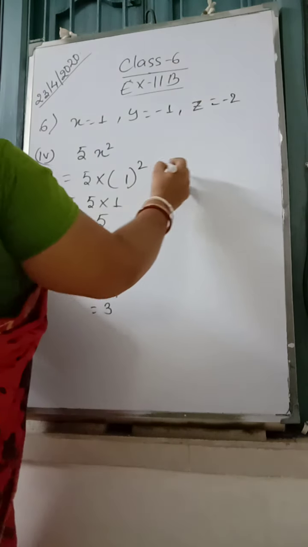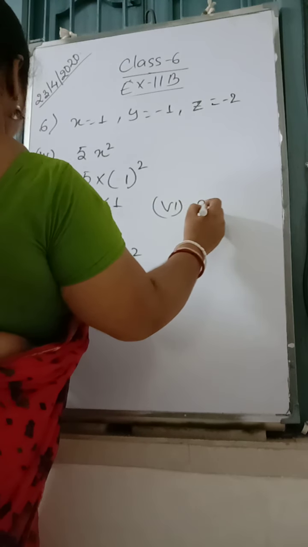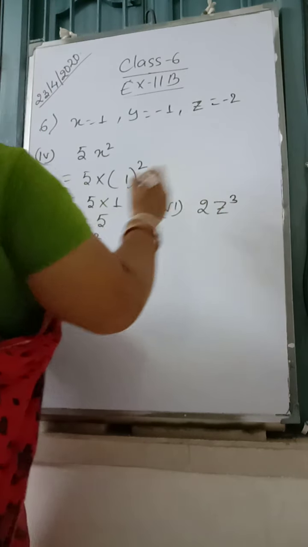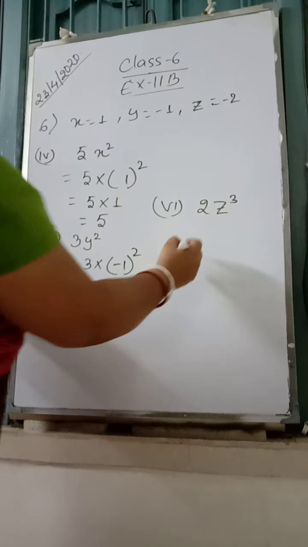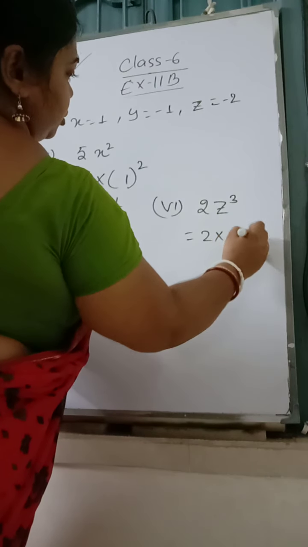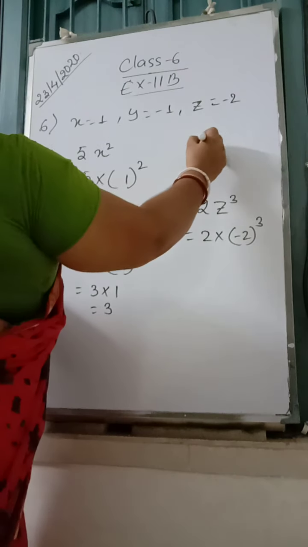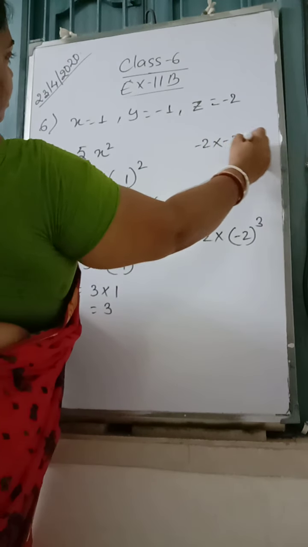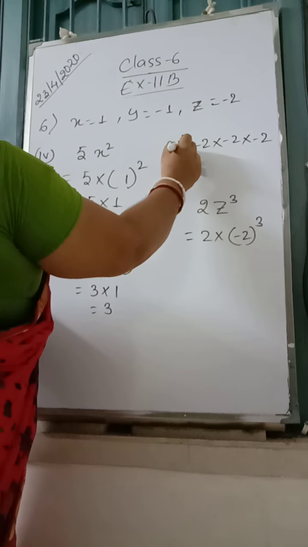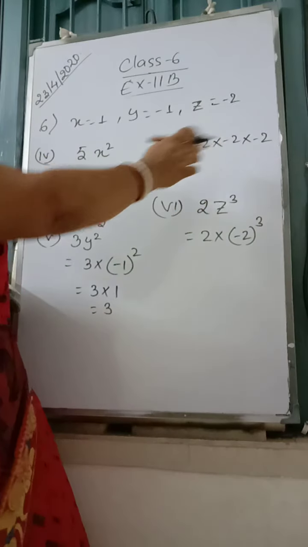Now see number 6. It is given 2z cube. Now what are we going to write? 2 into z's value, which is minus 2, cube. The meaning of cube is minus 2 into minus 2 into minus 2. Cube means 3 times, minus 2 multiplied with minus 2, 3 times.